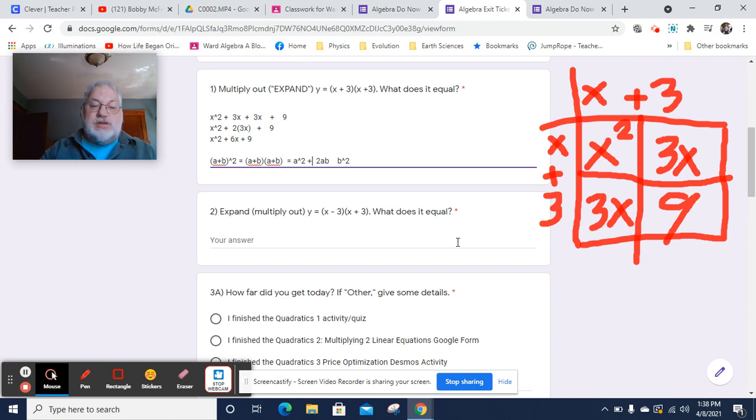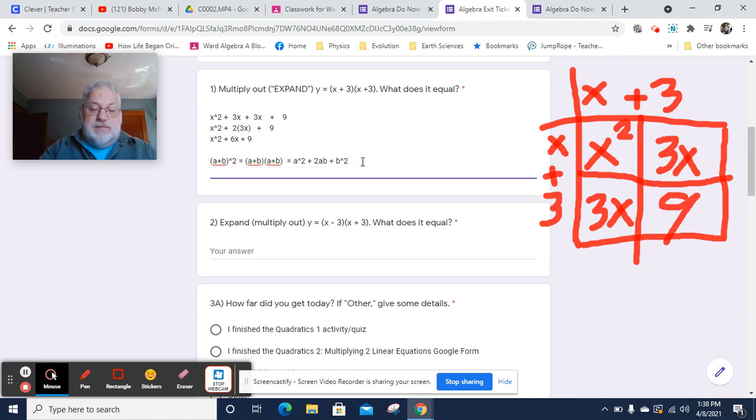So this is a structure called a perfect square structure that will be useful to keep track of. You should actually write this down if you have not already done so. So a squared plus 2ab plus b squared is what you get when you have a plus b squared.